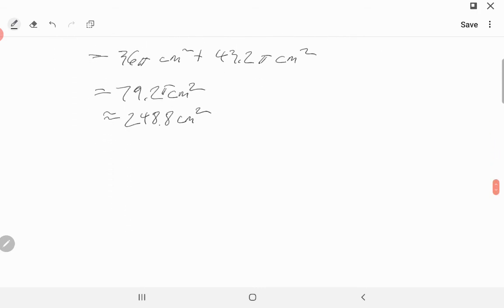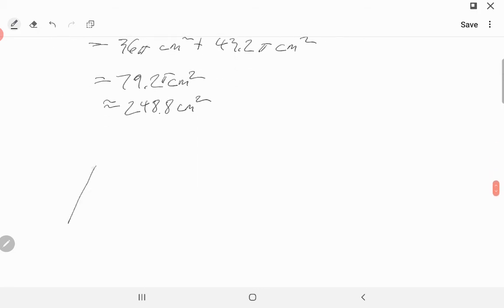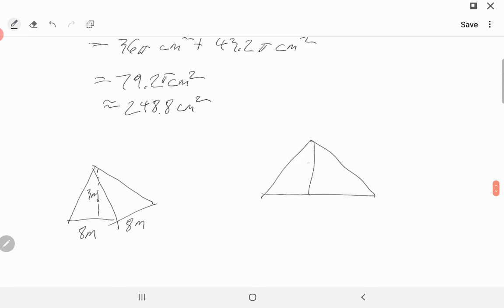And we can do something similar with pyramids. Again, we have to worry about the slant height, same kind of idea. If we had a pyramid and we wanted to know its surface area, say 8 meters by 8 meters by a height of, let's make it 3 meters, we would look at a cross section. We get a triangle that is 3 by 4, and then the slant height would wind up being 5.